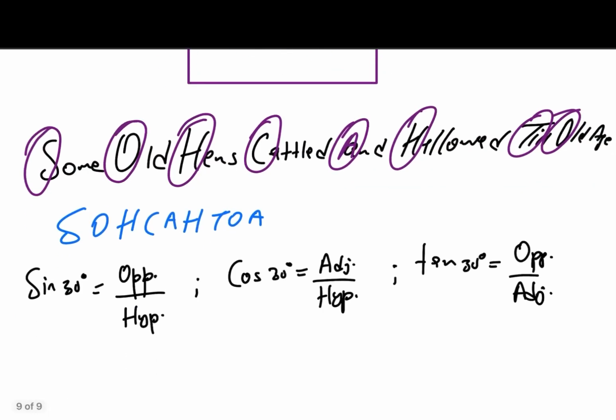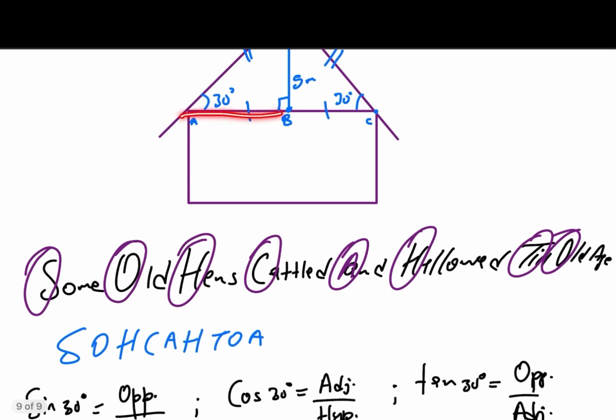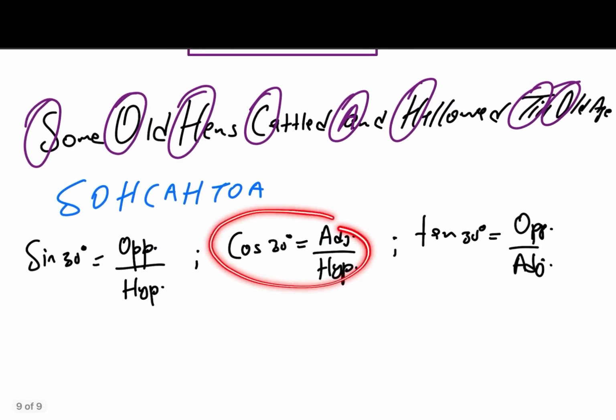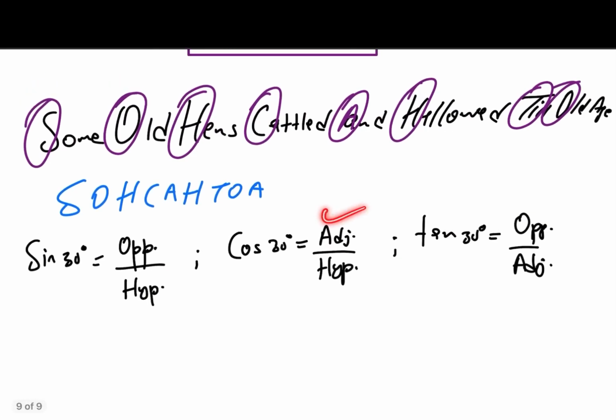So you need to choose whether you want to use sine or cos or tan. Essentially, AB is the adjacent side of 30 degrees. So we can use cosine if you want to. We can use tan if you want to, because we are solving for an adjacent side of 30 degrees. Let's just use cosine.